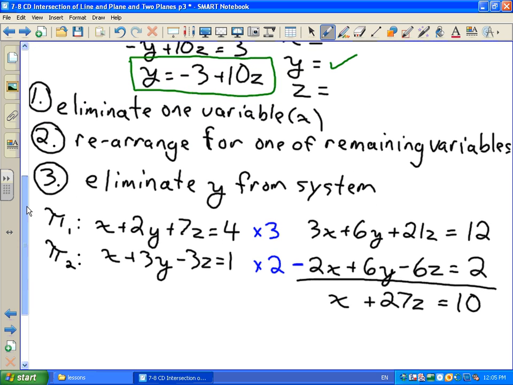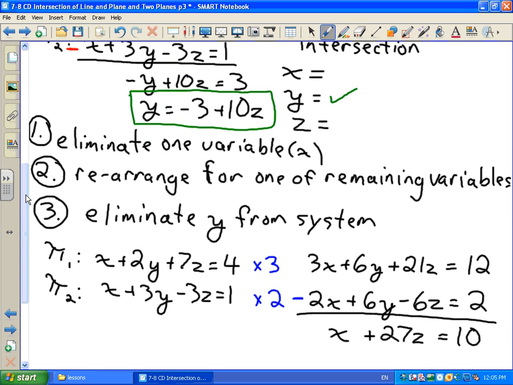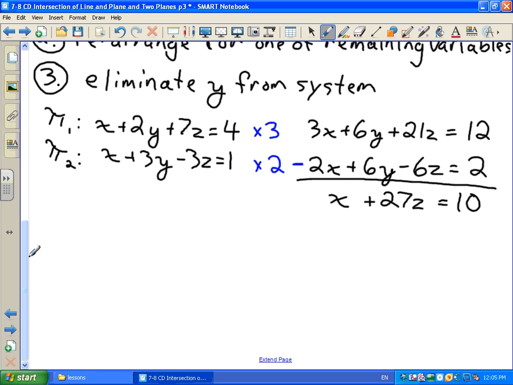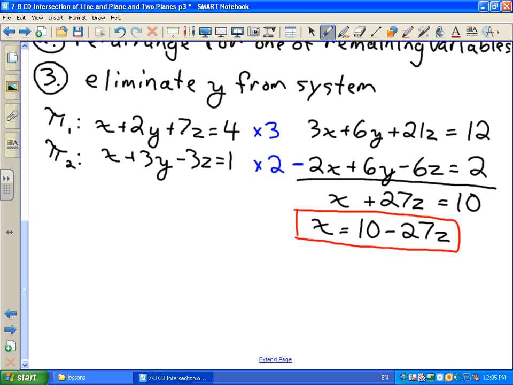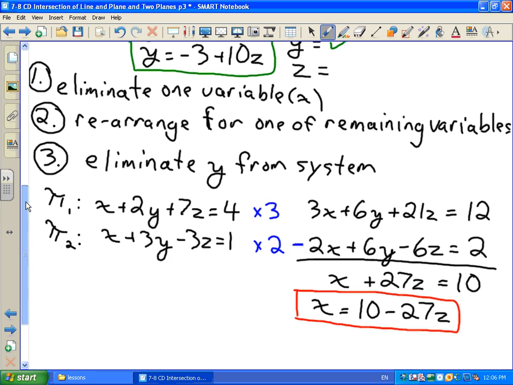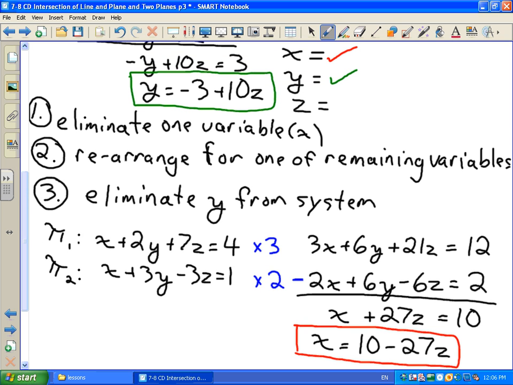And remember that what we want are expressions for, well, we've got our expression for y, we want an expression for x. Let's rearrange this and get our expression for x. x equals 10 minus 27z. And this is important enough to put it in, I don't know, we'll use a red box this time. And we can check off our x expression.